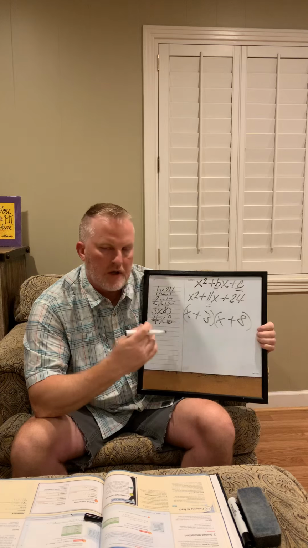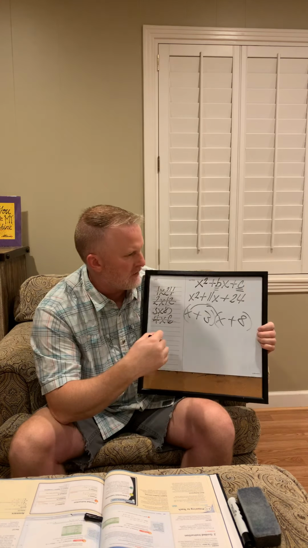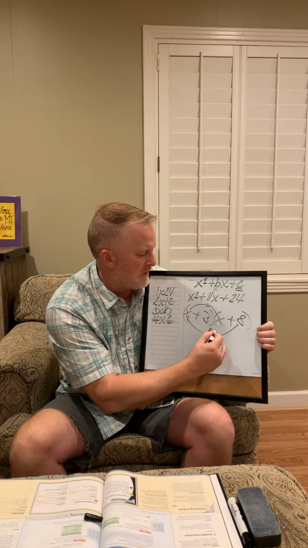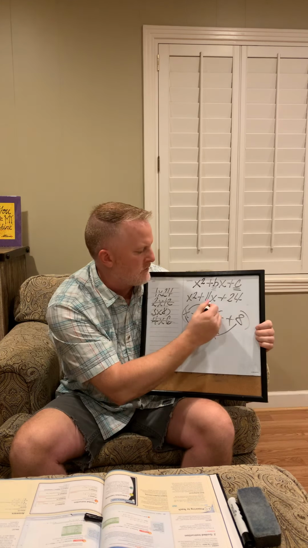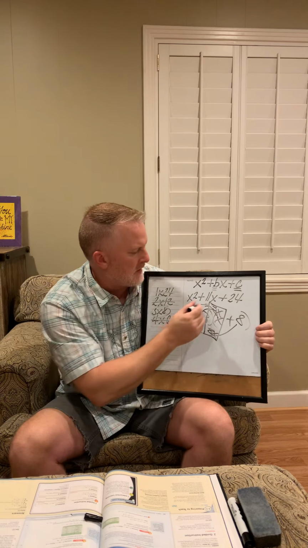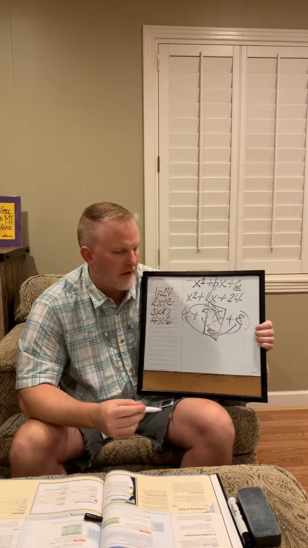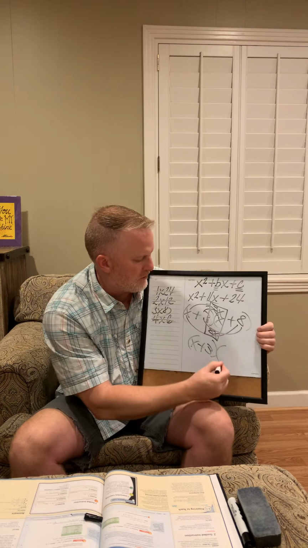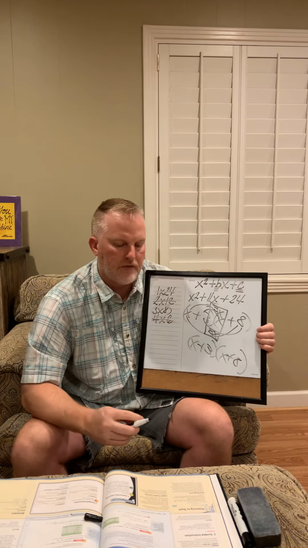Of course, if we looked at that in terms of FOIL, the first terms, x times x is x squared, outside terms, x times 8 is 8x, inside, 3 times x is 3x, so 3x and 8x gives us our 11x, and then the last terms, 3 times 8 is 24. So factored form there again, x plus 3 times x plus 8, would be the factored form.